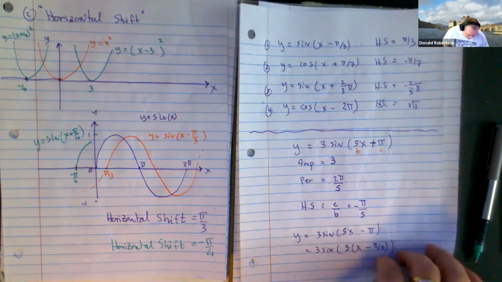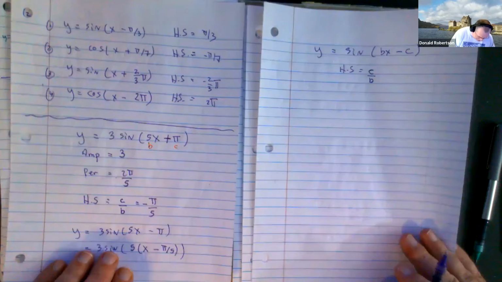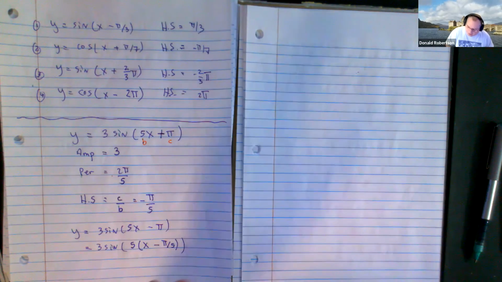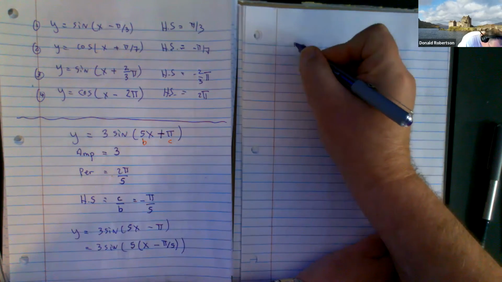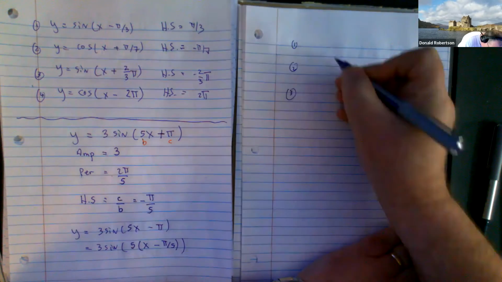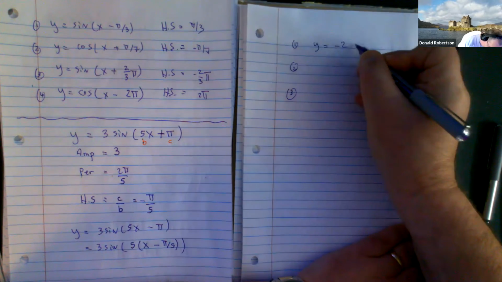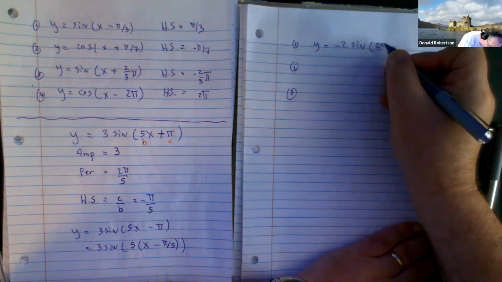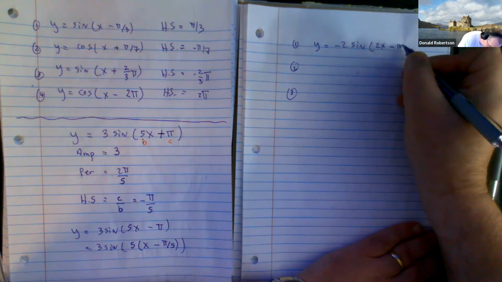Right, let's do some of these ugly ones. And while we're at it, just for completeness' sake, I'll add amplitude and period, so we get the whole set. Let's do, I think, 3, and call it a day after this. The first one is -2 sine of 2x take away pi upon 3.